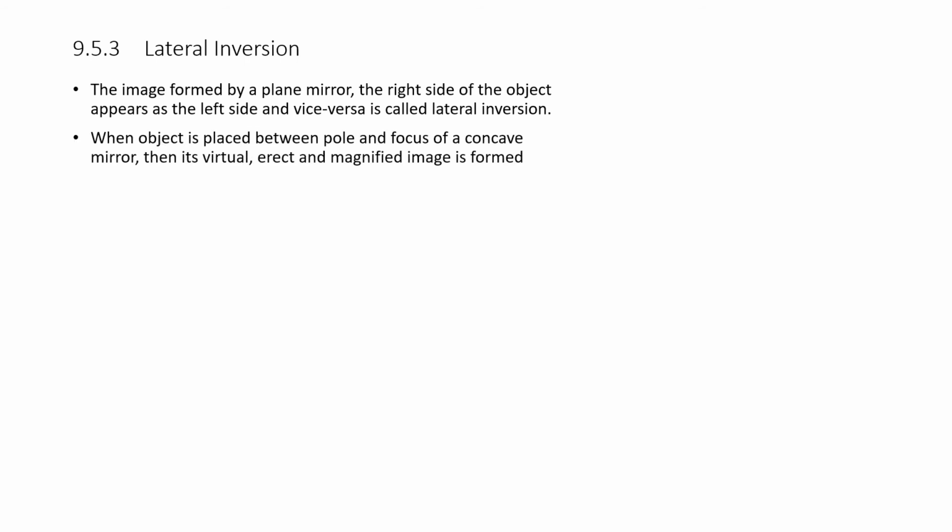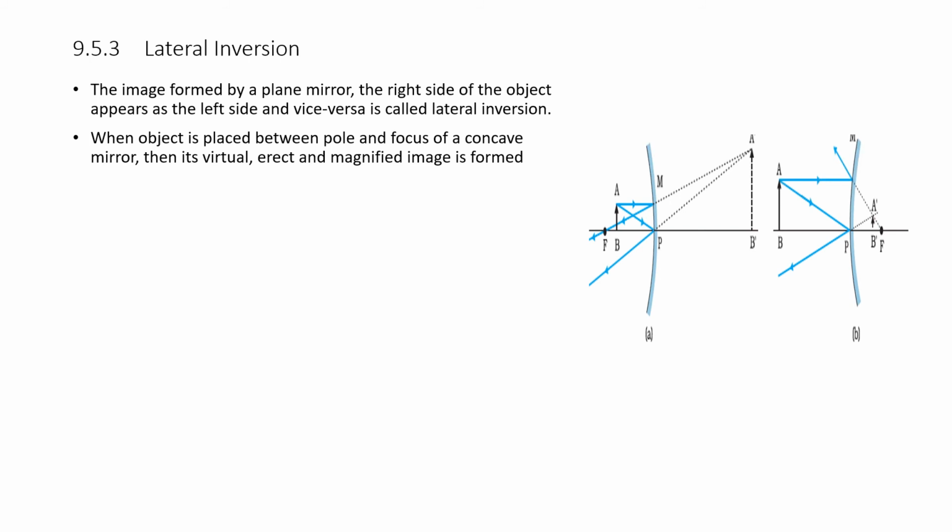When an object is placed between the pole and focus of a concave mirror, then a virtual, erect and magnified image is formed. See, this is an object placed between the pole and focus. Its image is formed virtual, as the reflected rays are projected backwards. See, point A meets here and point B meets here.